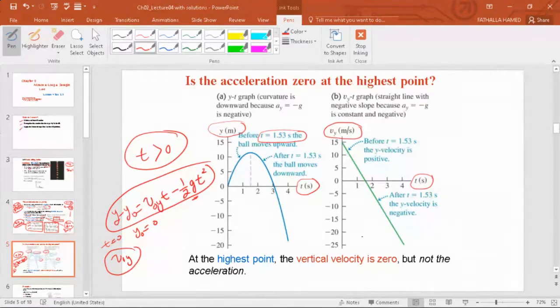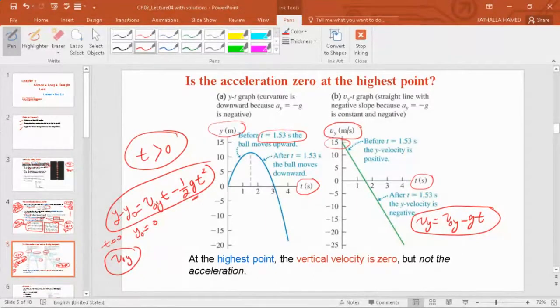What you see now here, you're going to plot your velocity as a function of time, which is Vy equal to V0y minus gt. And that's the equation that you have here. In this situation, it happens that your initial velocity is about 15 meters per second.